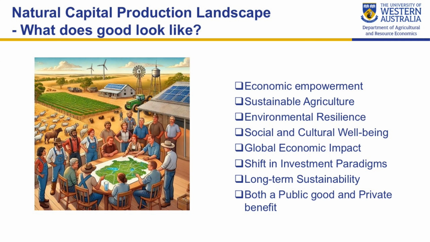And this is in regards to economic empowerment, sustainable agriculture, environmental resilience, because if you can do things on scale, you can get a better outcome at a regional scale, as you know. So to be able to then provide some sort of investment surety around that is going to be both a private benefit and a public good, which is where the government needs to also get involved to assist.